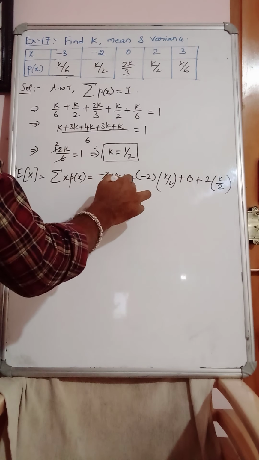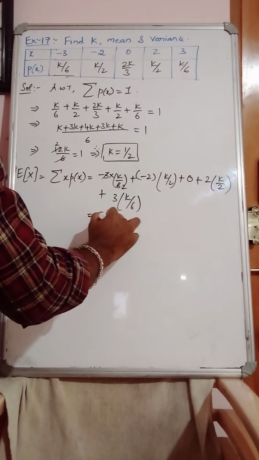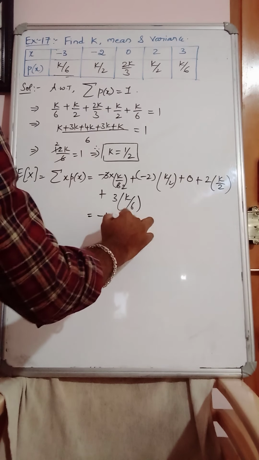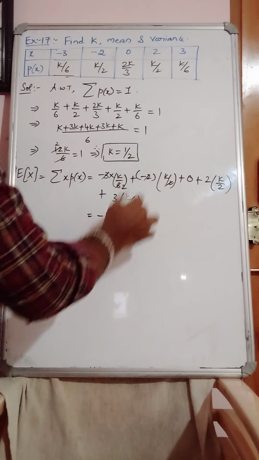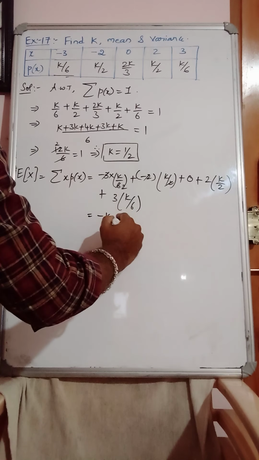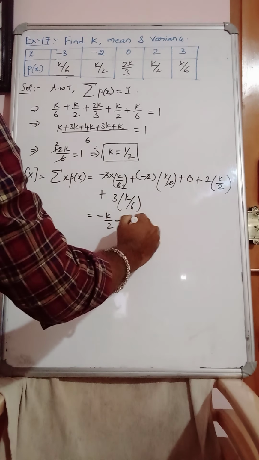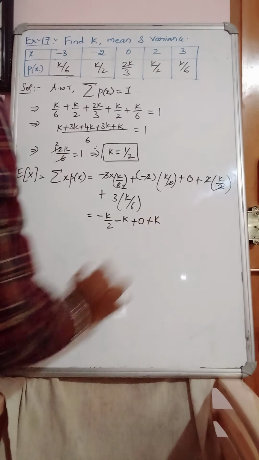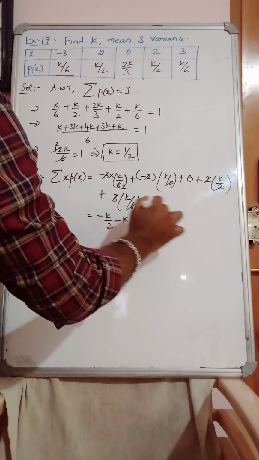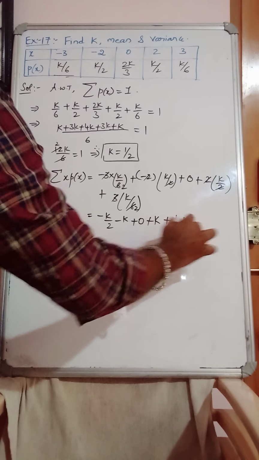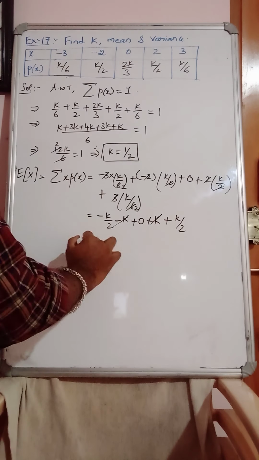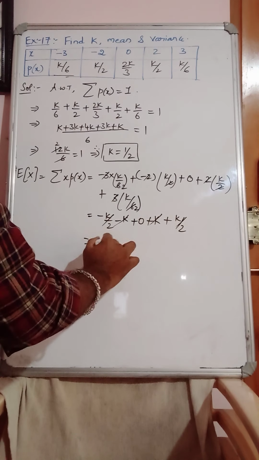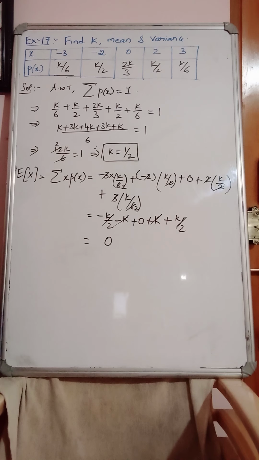So 3 twos are 6, minus k by 2, plus minus k, plus 0, plus k, and then plus k by 2. Minus k plus k cancel. 0. Very simple, guys.